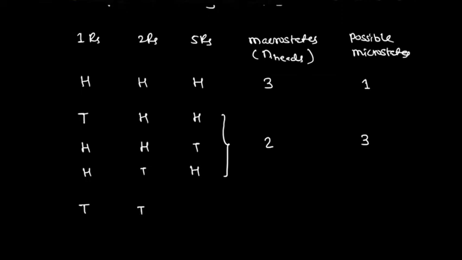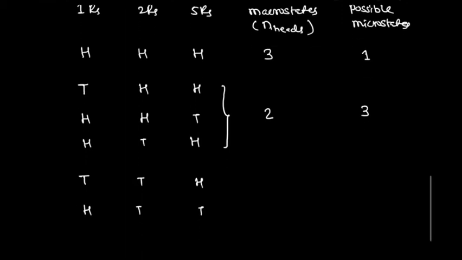Now another outcome may be tail, tail, head, head, tail, tail, or tail, head, tail. Here the macrostate for getting head is 1, but for that macrostate how many possible microstates?